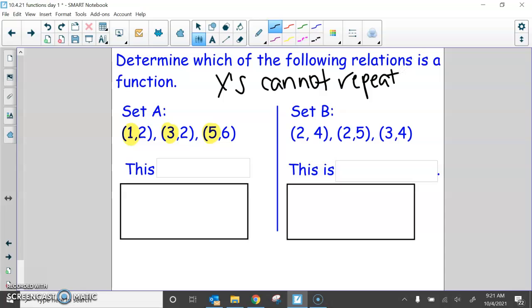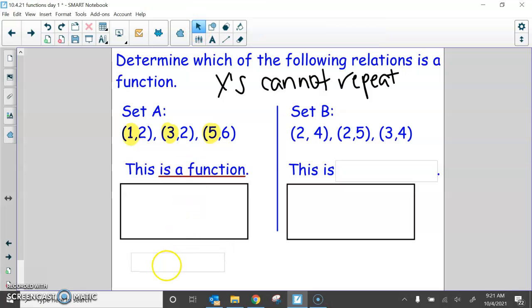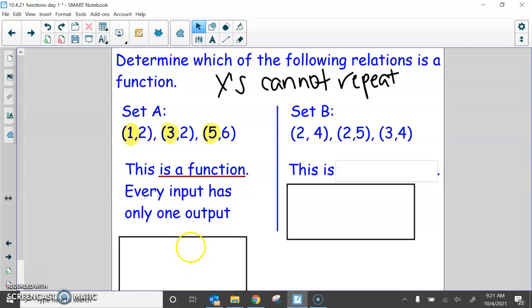So for set A, my x values are 1, 3, and 5. 1, 3, and 5 are all different numbers, so they do not repeat. So this is a function. It's a function because your x values do not repeat. Every input has only one output.